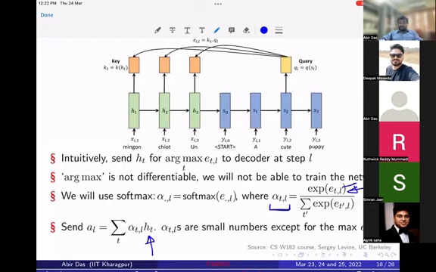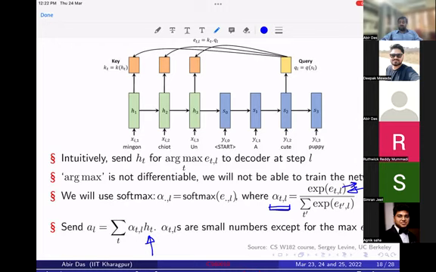But since that argmax is not differentiable, we have approximated it with this softened version. These alpha TLs have a one-to-one correspondence to the ETLs.